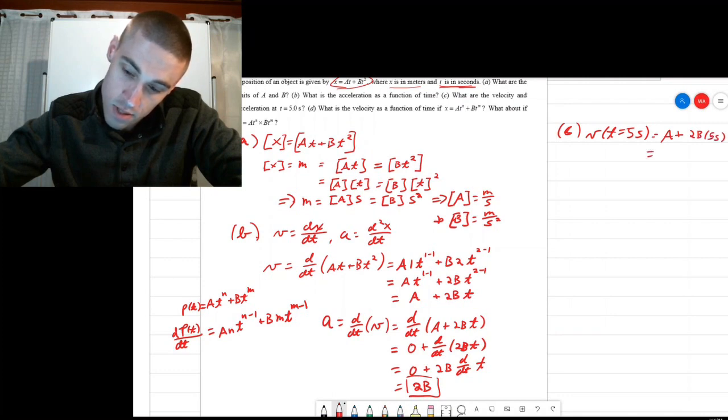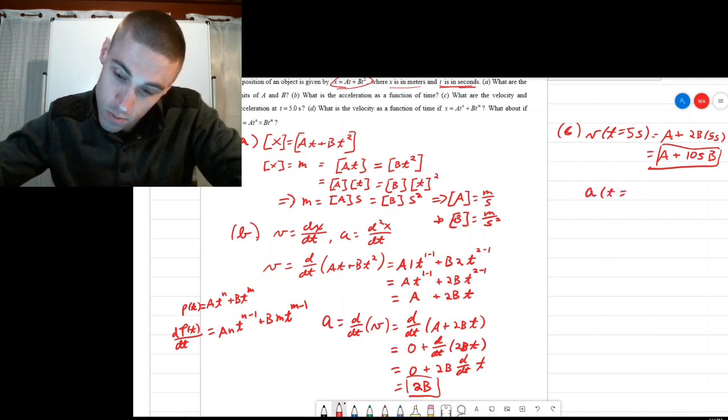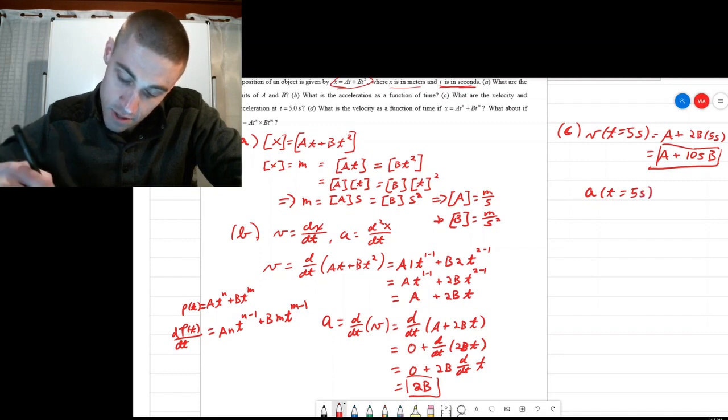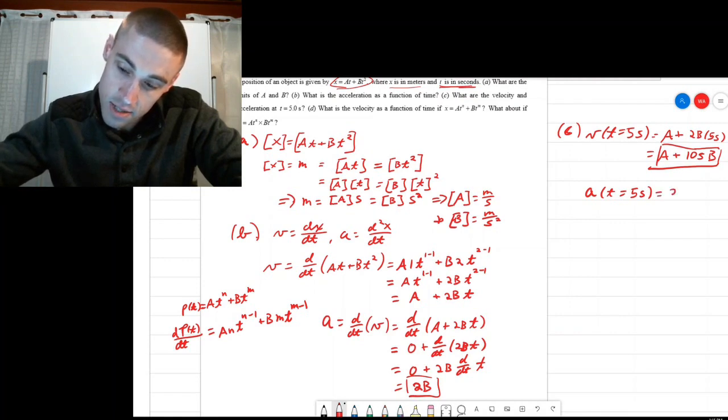So in other words, a plus 10 seconds times b. I always box in my answers, and I think you should do the same on your exams and on any written homework you get. And a is not a function of time, right? It's a constant value. It's 2b. So a at t equals 5 seconds is also just 2b.